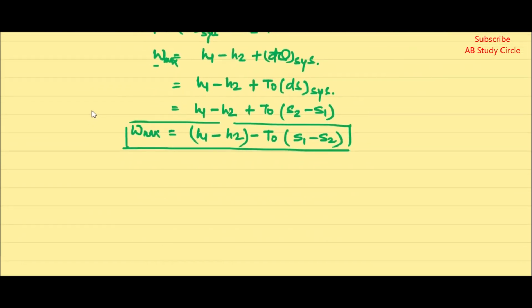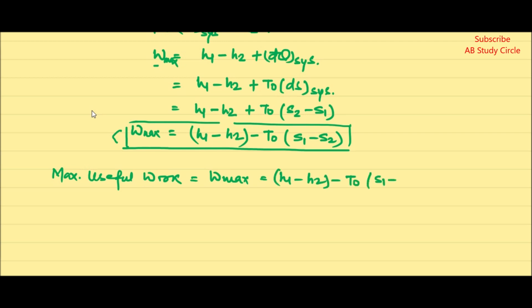Now, as this is an open system case, the maximum useful work is this only, right? So it is W max and it is H1 minus H2 minus T0 (S1 minus S2).